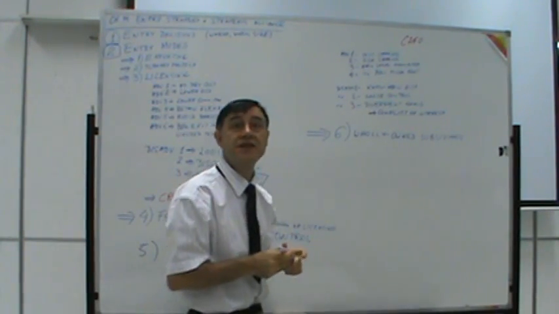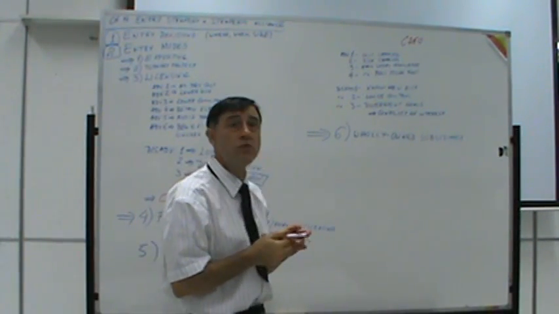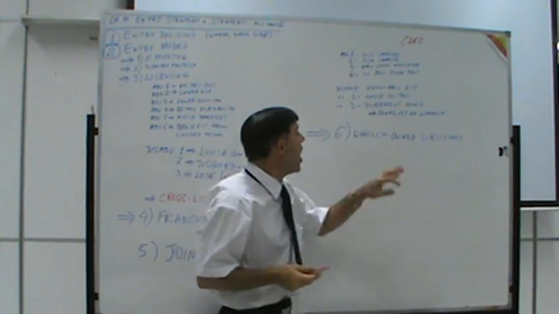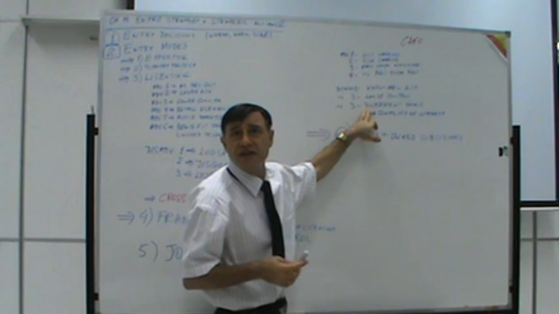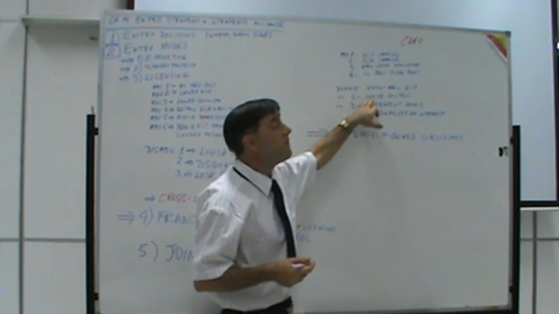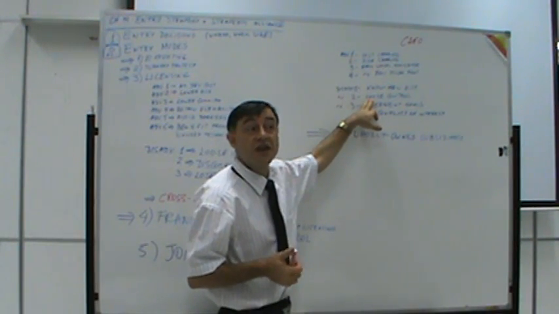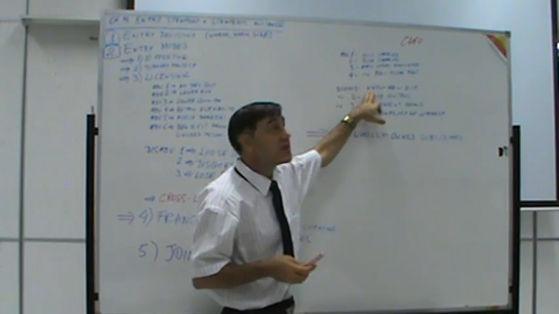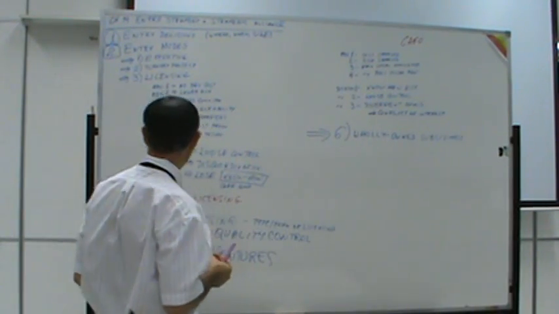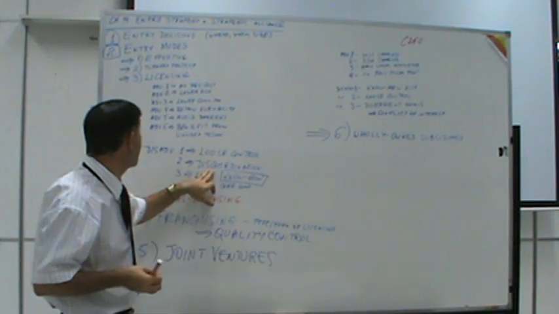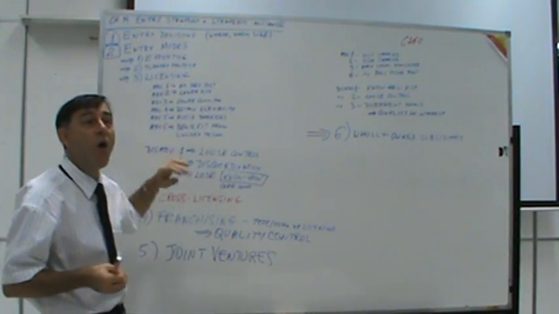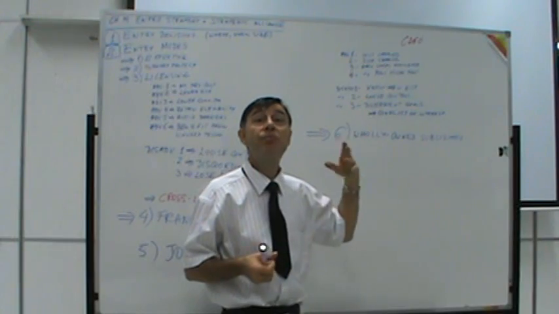Wholly owned subsidiary. A wholly owned subsidiary avoids the conflict of interest, avoids the divergent goals, avoids the loose control, avoids the know-how risk. Okay, I can go on. It avoids discoordination problems. It avoids all of the other problems.